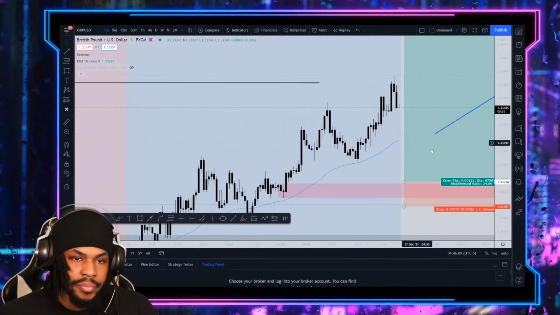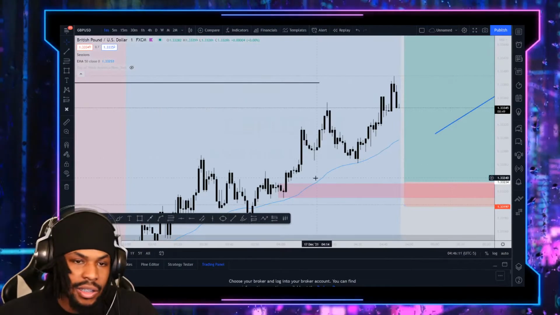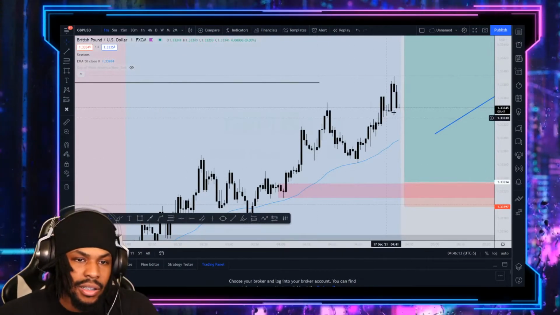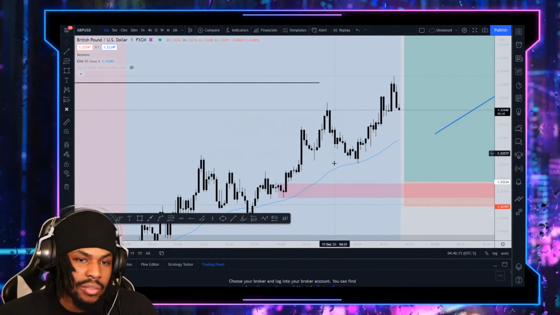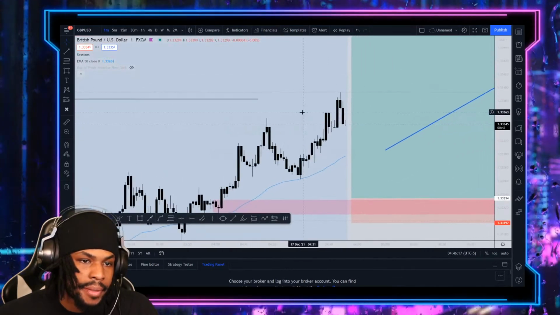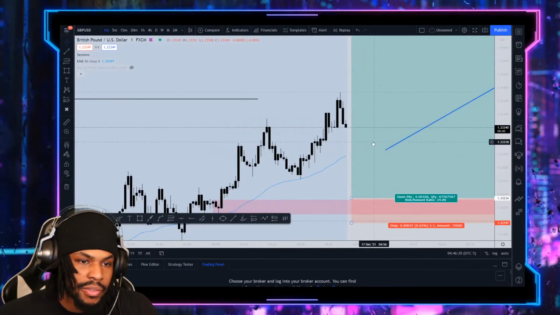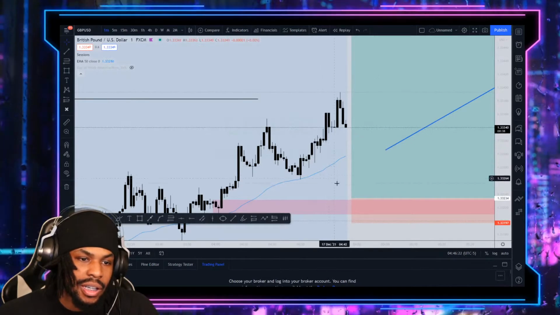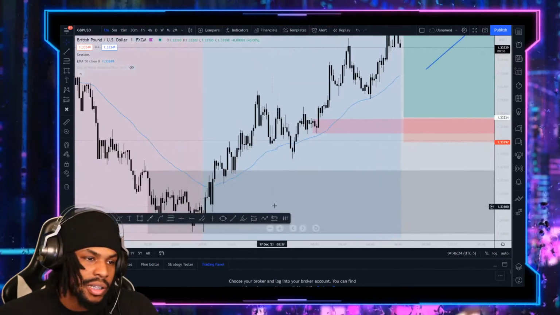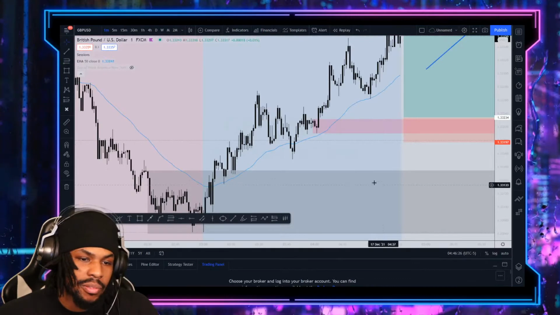Yeah, at least on the 1 minute, I can't see any other entries. This does look like a valid buy right here. Broke some structure, came in for the retracement, but I see one too many areas to buy from right here. Will we get all the way down here?